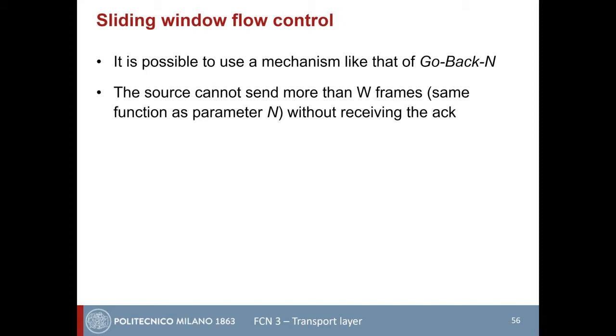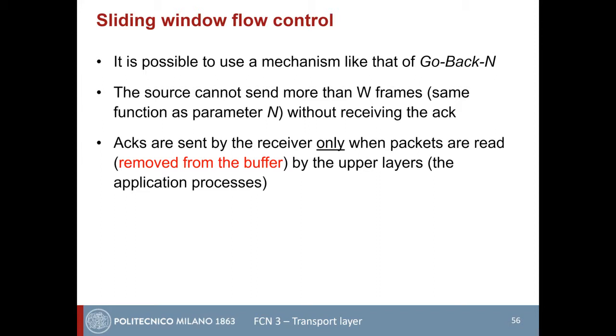So imagine that the ACK is not returning to the source at a certain point, as we have seen in the examples, the source stops sending the frames. And the ACKs are sent back when the packets are checked and controlled in terms of the error.